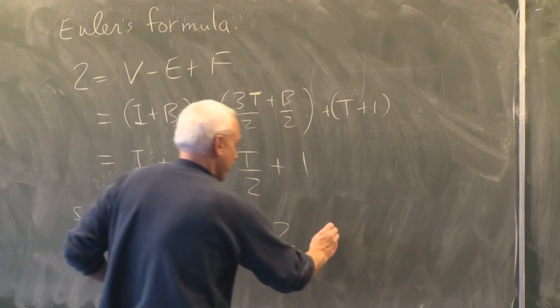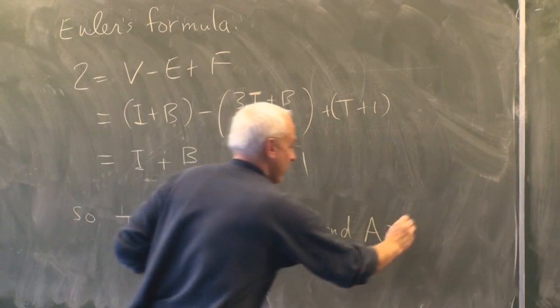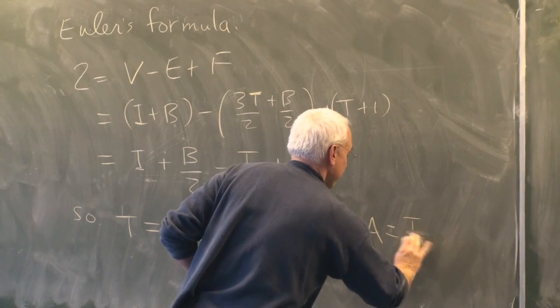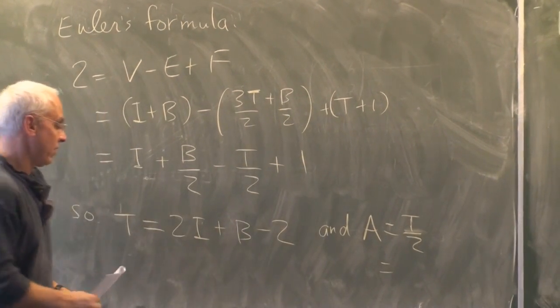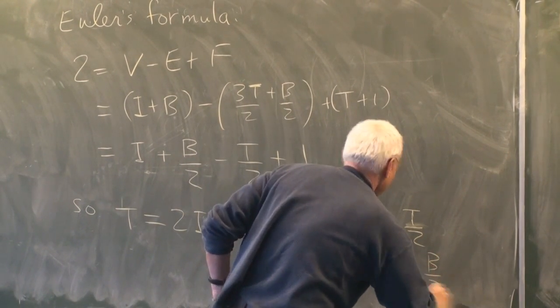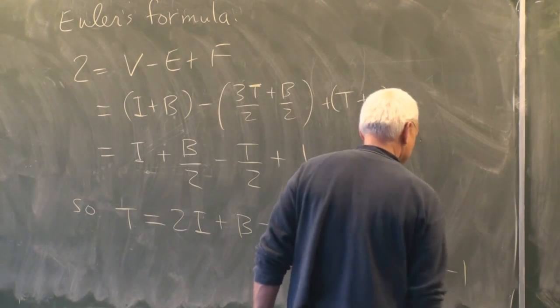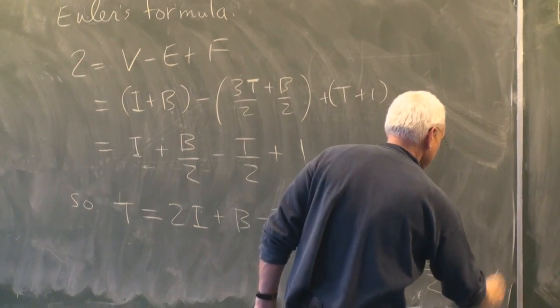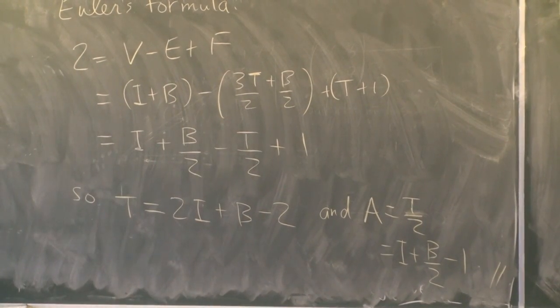And A, which is what we're really interested in, which is T over 2, is equal to, just divide this by 2, I plus B over 2 minus 1. There's our formula. Pick's Theorem.